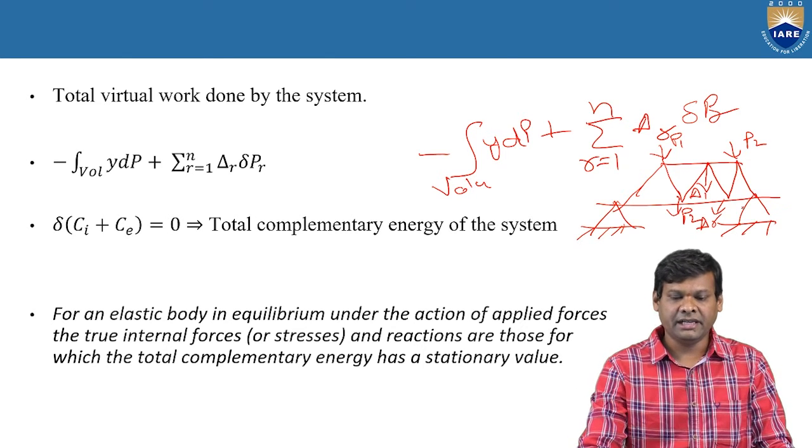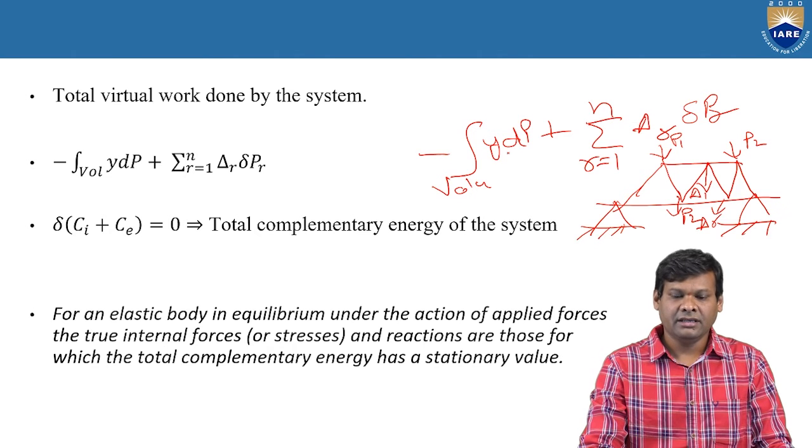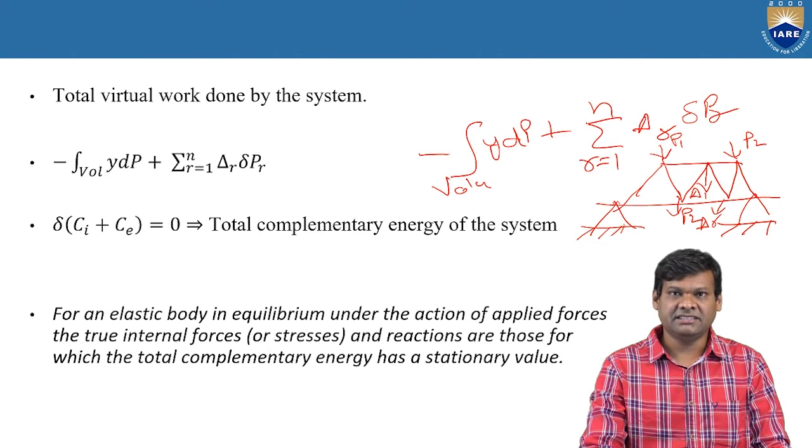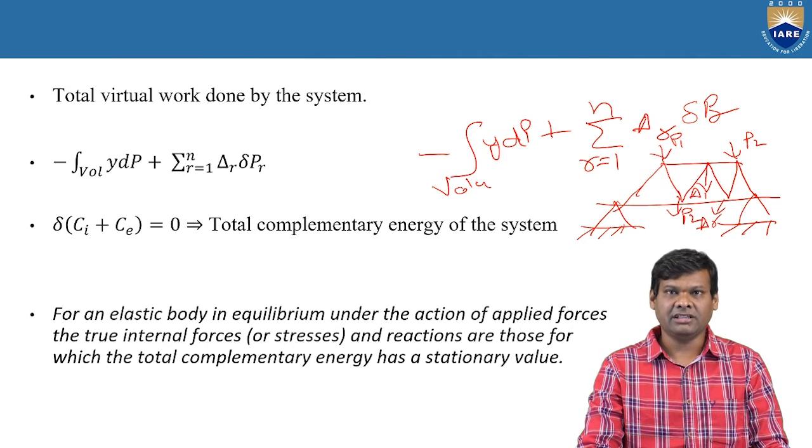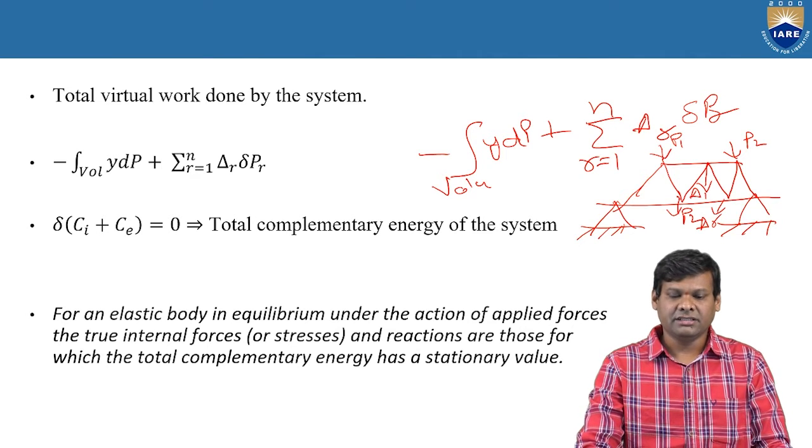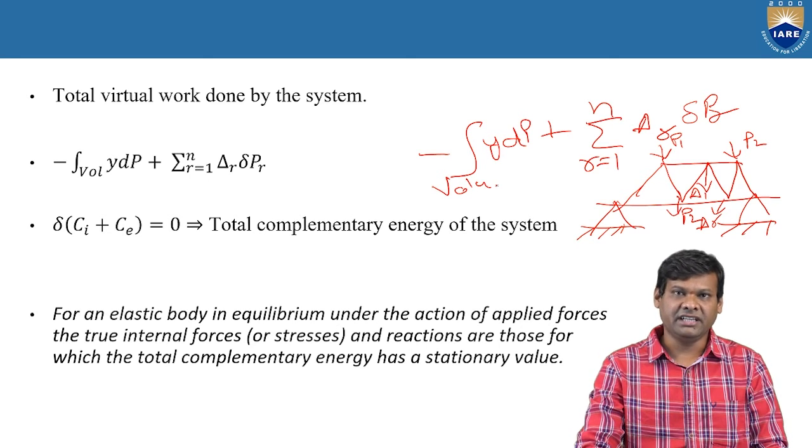Here the minus integral of y dp is acting on an elastic system, that is, it is the internal work done or the elastic work done. It is something like a complementary energy which is integrated over the volume of a system.